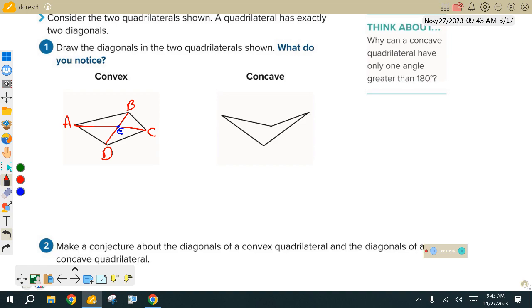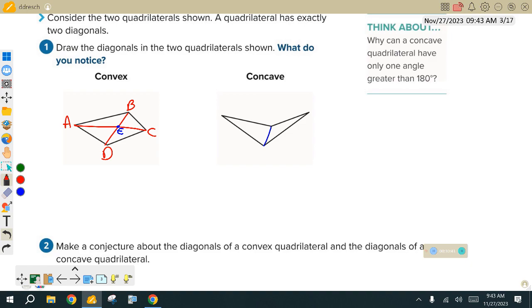Cool. Go draw me the diagonals in the concave one. Now, where's the first, probably obvious diagonal at? Yep, I see Soraya pointing this one out right here. Okay. And let's go ahead and draw the second diagonal.